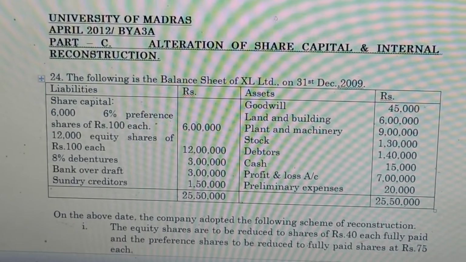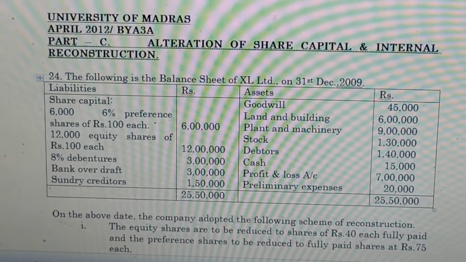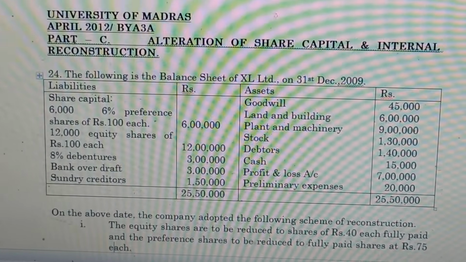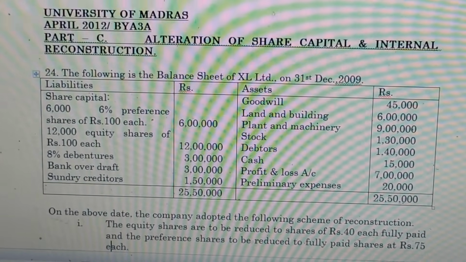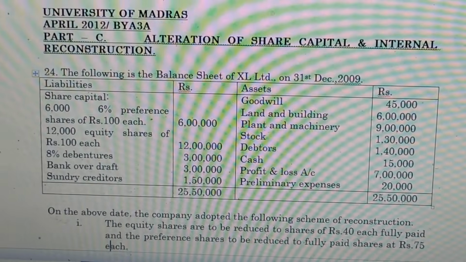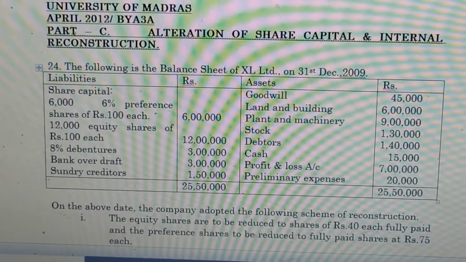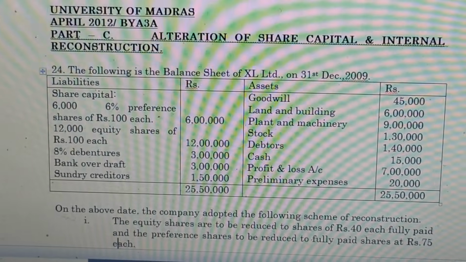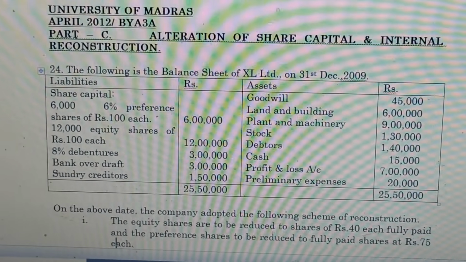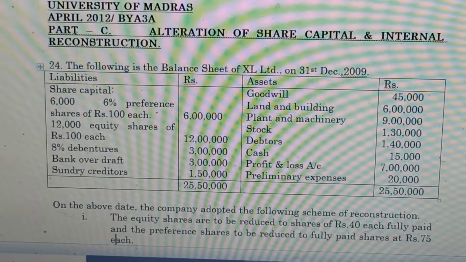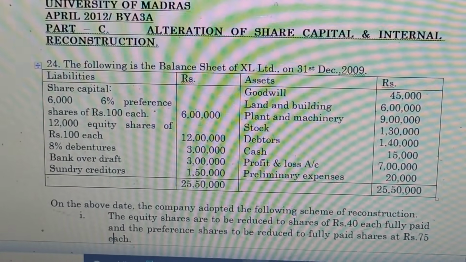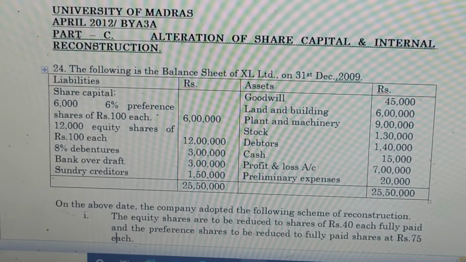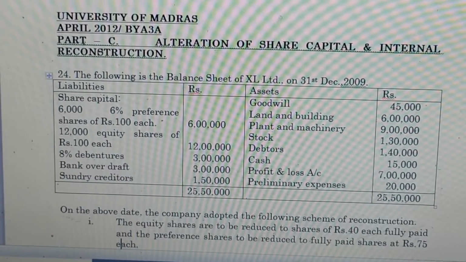The following is the balance sheet of Excel Limited as on 31st December 2009. On the liability side, share capital: 6,000, 6% preference shares of rupees 100 each. The amount of preference share capital is rupees 6 lakhs, and 12,000 equity shares of rupees 100 each.